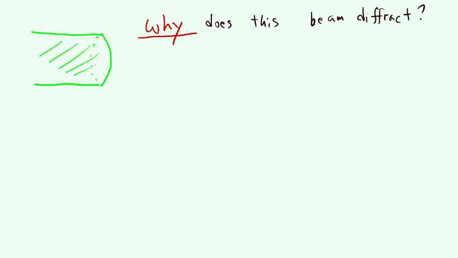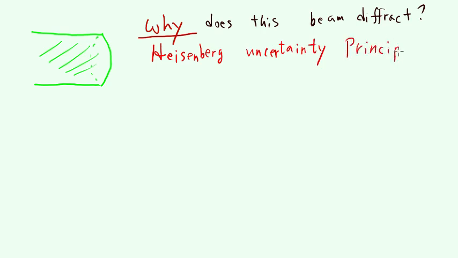And so we know that this beam diffracts because of the principle we call Huygens principle and things like that. But we will now formulate this in terms of some other principle, which is the Heisenberg uncertainty principle. The Heisenberg uncertainty principle is responsible for the diffraction of this beam as well.